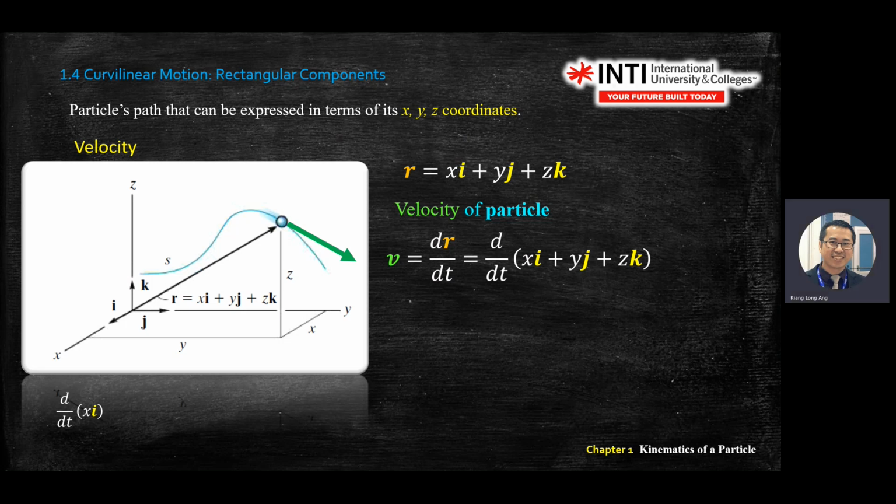Velocity, acceleration. How do you define velocity in rectilinear? Velocity equals ds/dt. But here it is rectilinear, so ds/dt means the change of position in the x direction. It means you can replace it with vx.